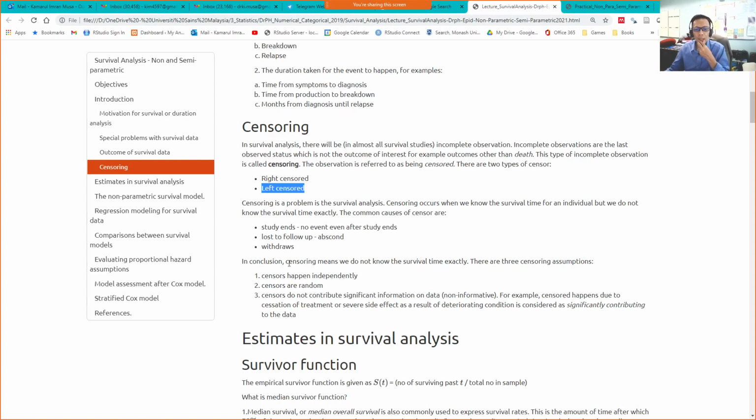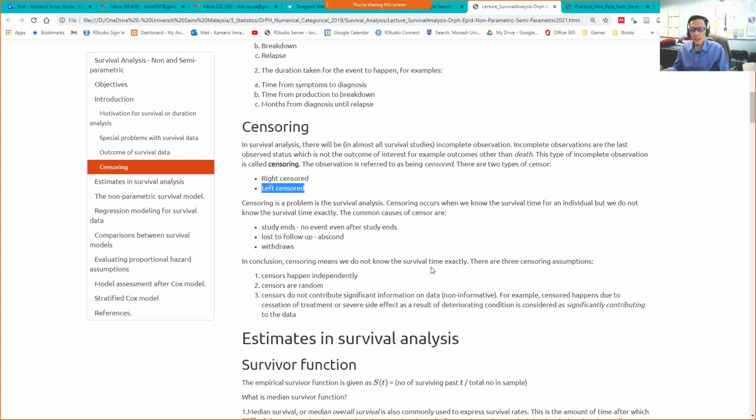In conclusion, censoring means we don't know the survival time exactly, because he just defaulted, or ran away from the study, or defaulted the treatment, or maybe he died because of something else, like an accident. So really we don't know exactly what the survival time is for him.